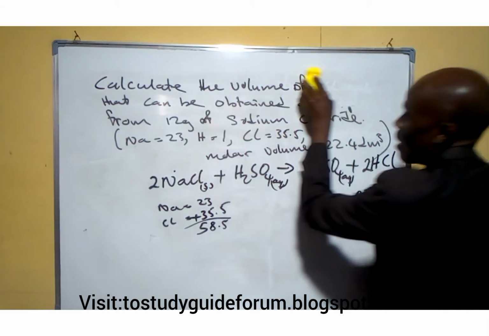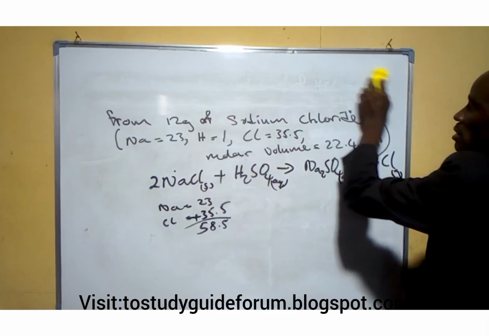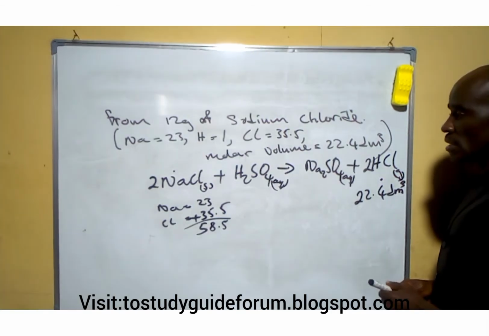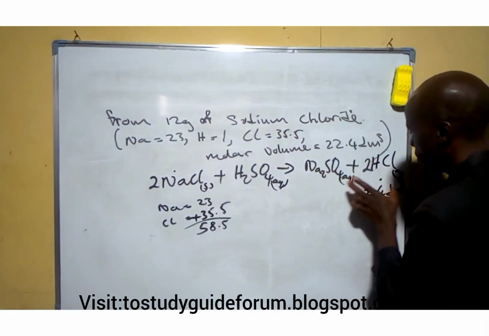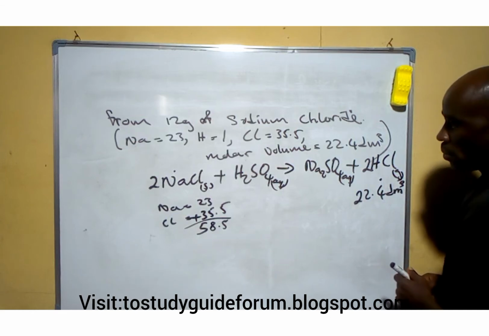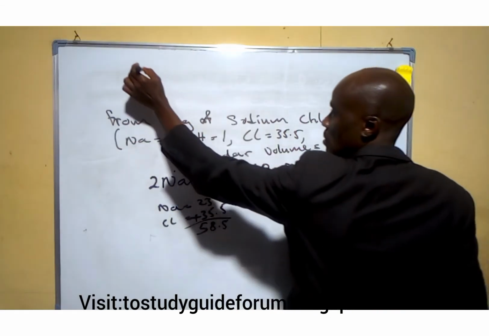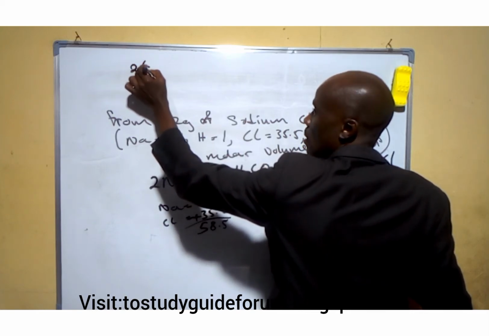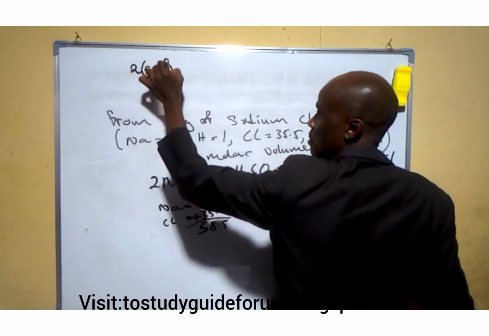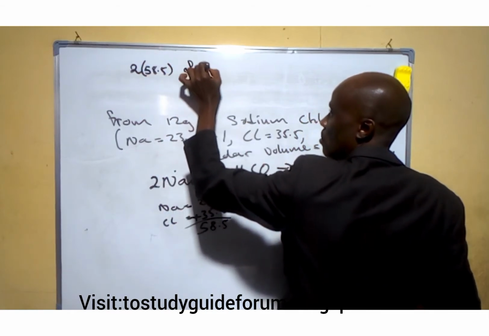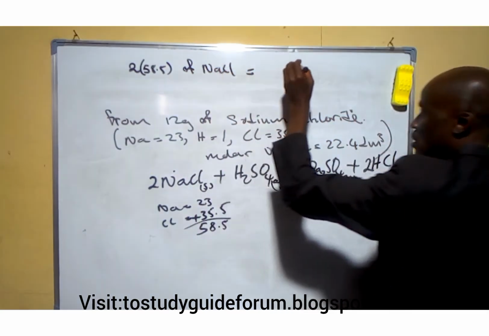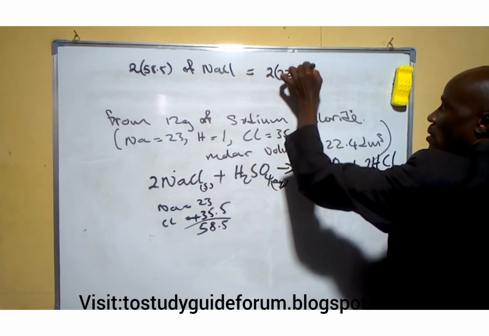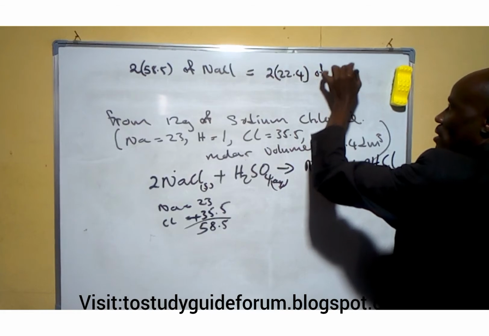What this means is that 2 times sodium chloride will give us 2 times 22.4 of hydrogen chloride.